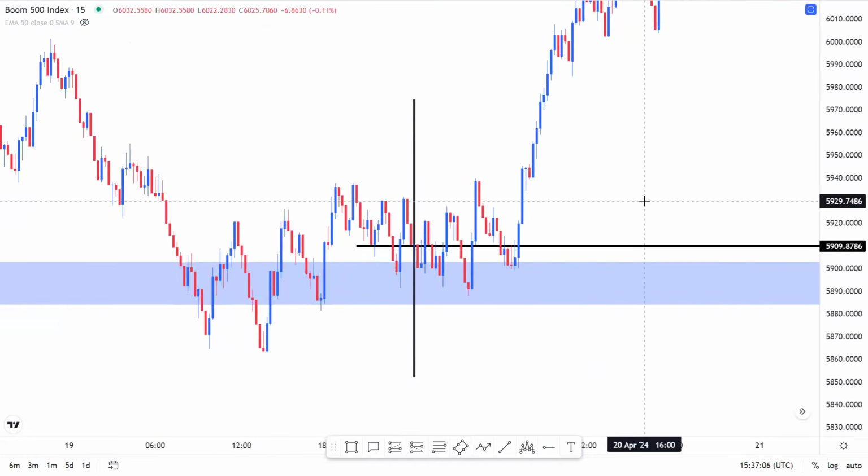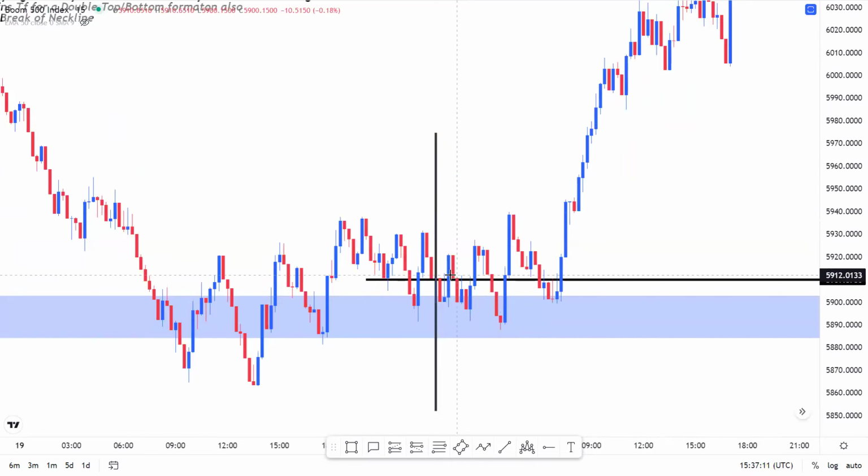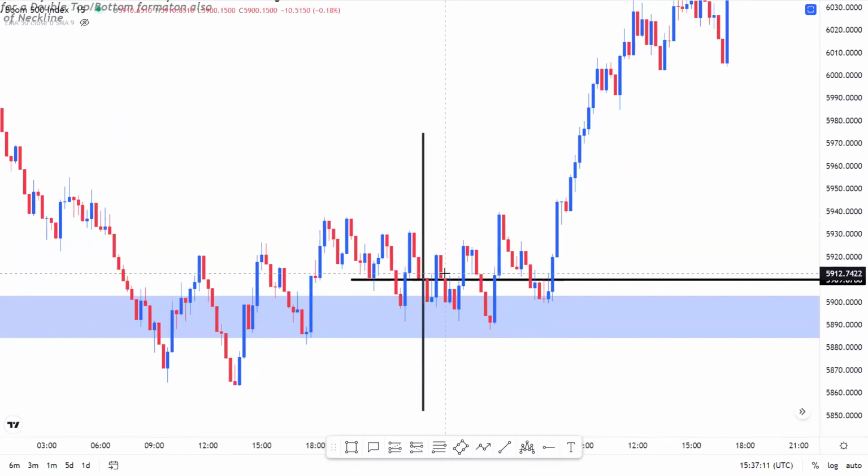Now pay attention, guys. We have quite a messy chart right about here, but I'll try as much as possible to make this even clearer.